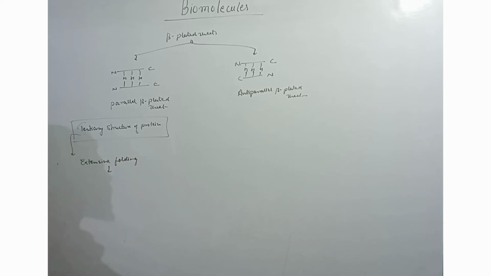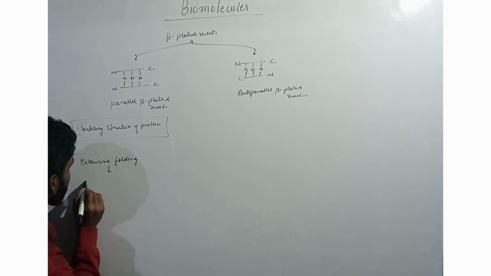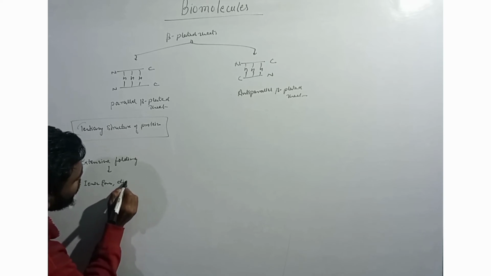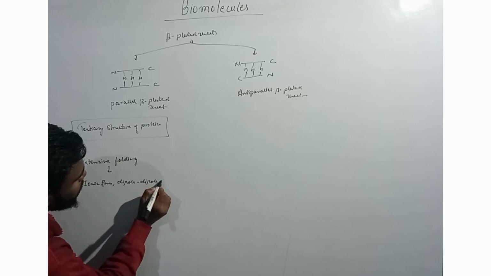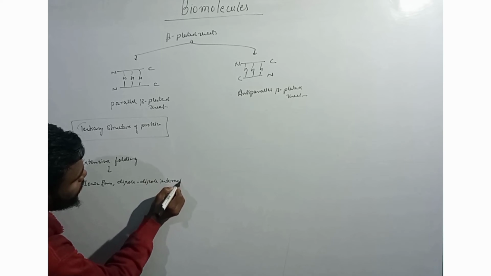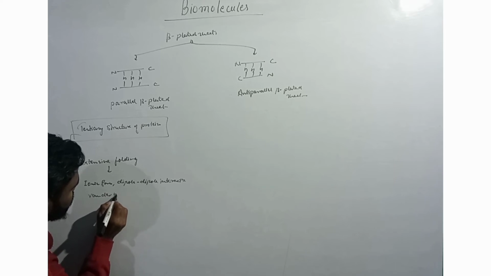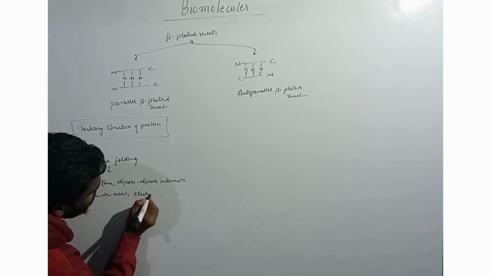Why is there such extensive folding? Because of the interaction of different kinds of R groups. Different kinds of forces are created, such as ionic force, dipole interaction, van der Waals force, and electrostatic force.